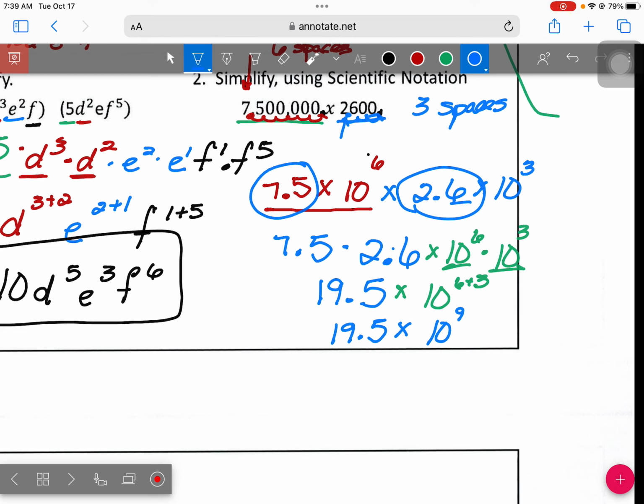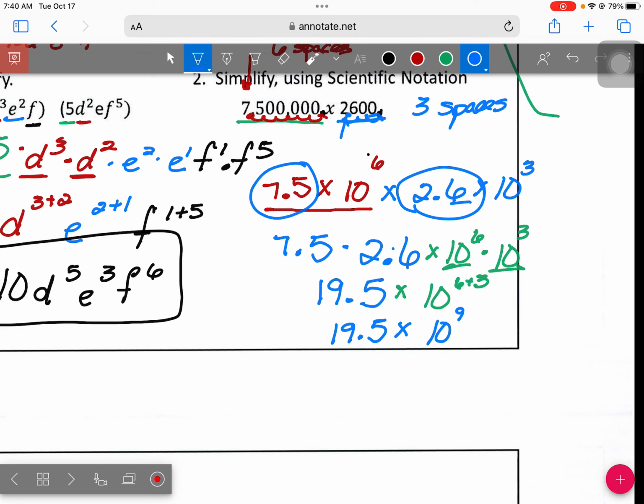Here's my question. Is that in scientific notation? Yes? No? How many yeses? Come on, take a vote, people. Yes, no. All right, a couple. How many say no, it's not in scientific notation? Why do you say no, Alexandra? Darn it, they always ask why, don't they?